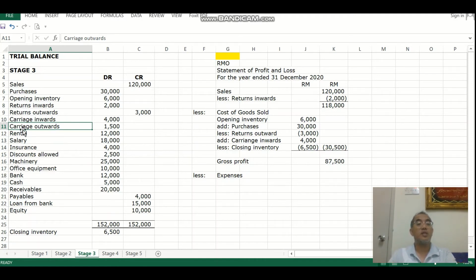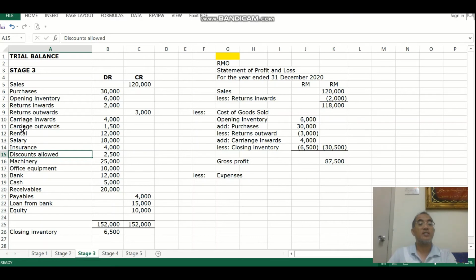So carriage outwards is your expense. Carriage outwards, rental, salary, insurance, and discounts allowed, because you spend on somebody. You give the discounts to your client, meaning that you are spending on them. Like, I'm selling to you for 10 ringgit, so you pay me 10 ringgit. Never mind, I give you a discount of 2 ringgit. So your actual sales is 8 ringgit.